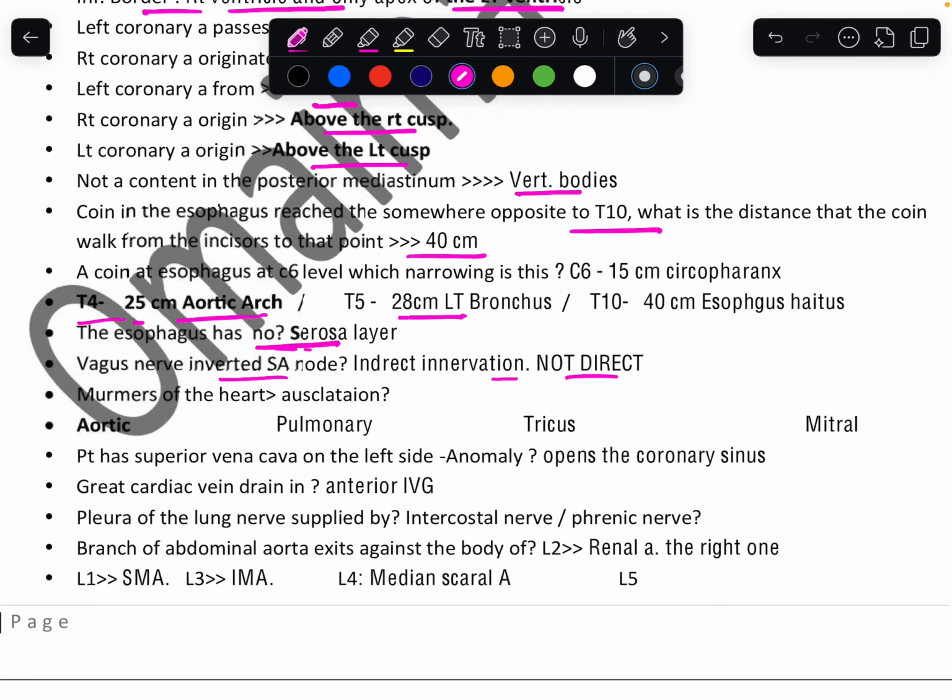Murmurs of the heart, auscultation: aortic, pulmonary, tricuspid, mitral. Aortic on the left side, second, pulmonary on the right, second, tricuspid is down, fourth, right of the sternum, mitral on the down, left, fifth.